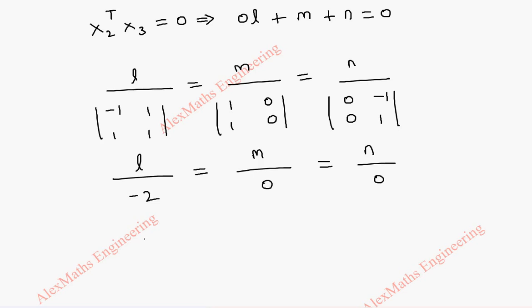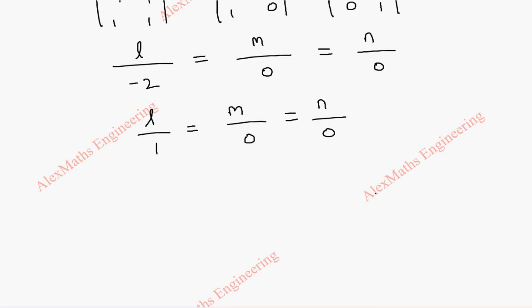So the simplest form is, we can take the negative also, that is, we can divide by minus 2. So it is 1, 0 and 0. So totally we got x3 as 1, 0, 0. And let's take x2 here.